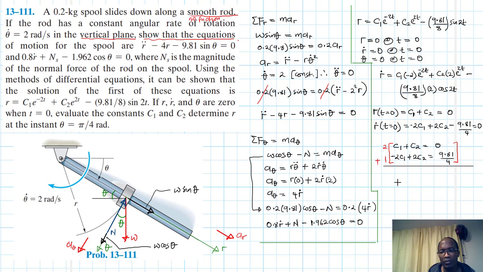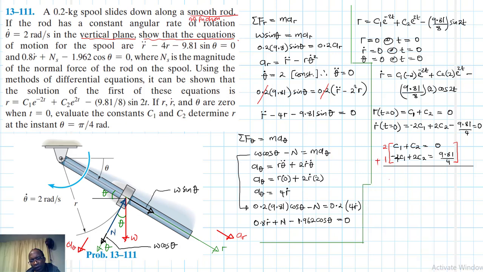Of course, the C1 part goes, so we have 4 C2 is equal to 9.81 divided by 4.